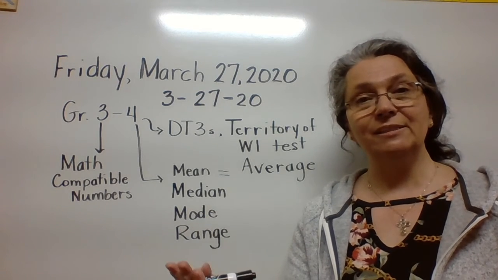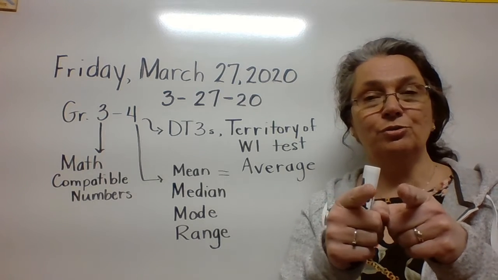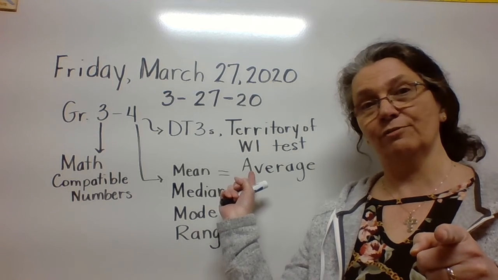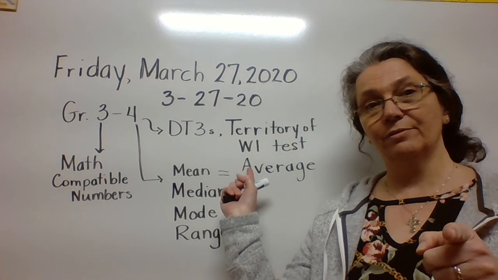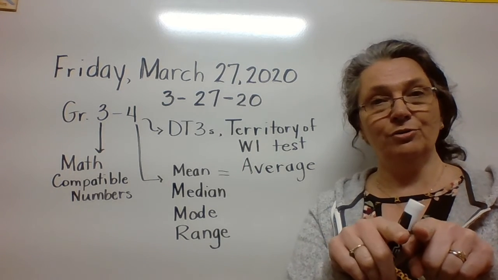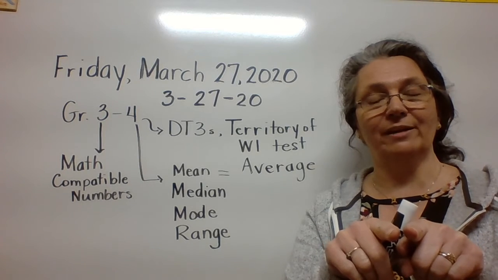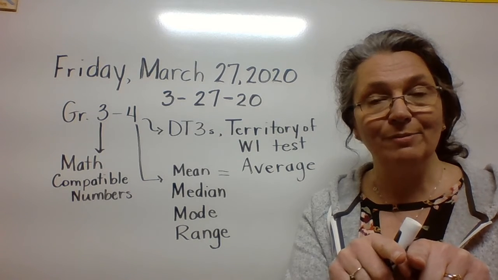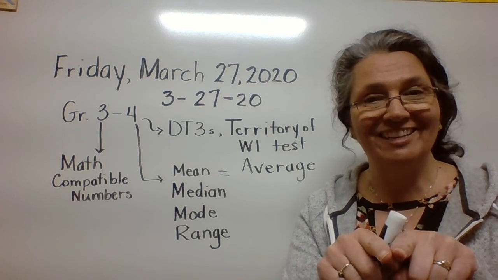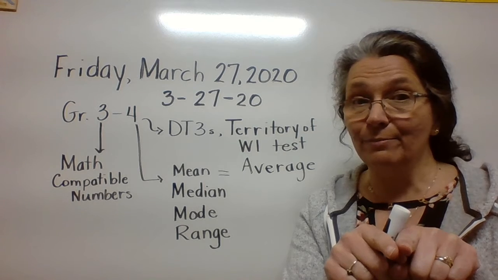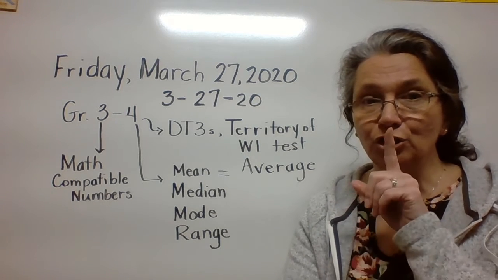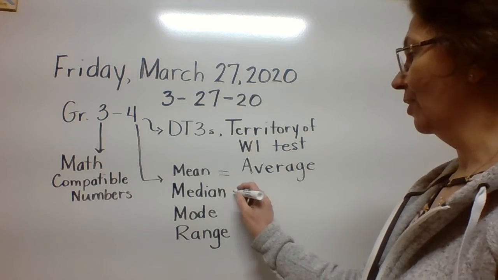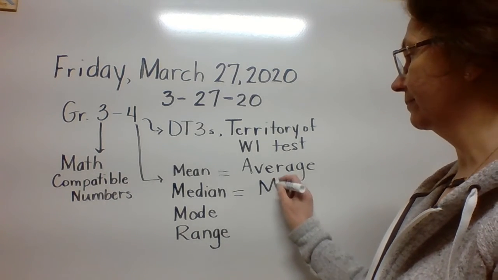If you have an even set of numbers, you look at what are your 2 middles, and then you have to find the average of those 2 middles. Here's a secret. If both of them are the same number, guess what? It's going to be that number, because if you add 2 numbers together and then divide it by 2, you're going to get that same number. Shh, don't tell everybody. All right, so median is what's in the middle.